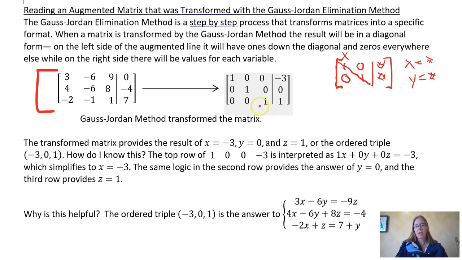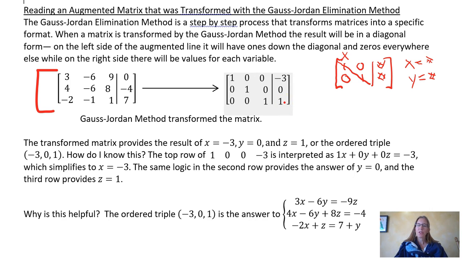And when it changes it to a Gauss-Jordan form, it's going to have ones right along the diagonal there, zeros everywhere else on the left-hand side, and on the right-hand side, negative 3, 0, 1 for this specific system of equations.